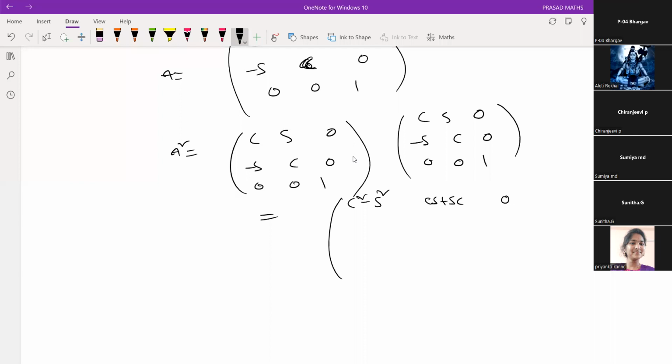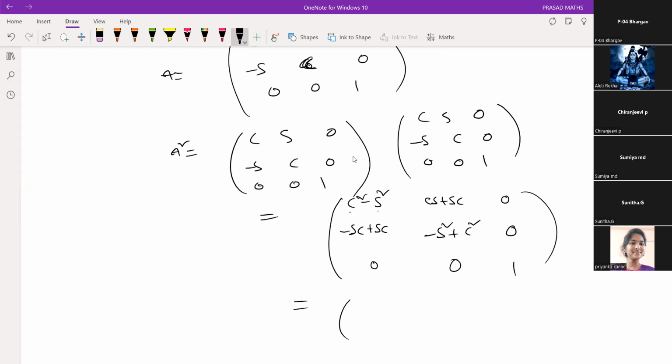Next, minus SC plus SC. Next, minus S square plus C square, 0. Next, 0, 0, 1.